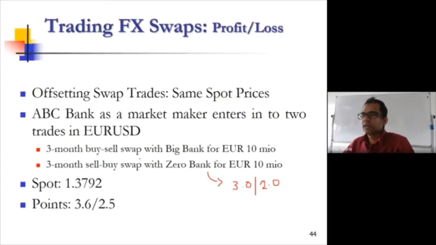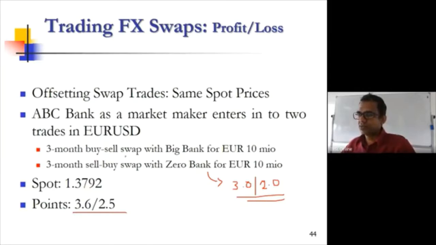Okay. Assume when the ABC Bank enters into the first transaction with Big Bank, these are the swap points. Spot remains unchanged, but when the ABC Bank enters into the sell-buy swap with the other bank, these are the applicable swap points. Now what would happen? Now we are not sure whether it's a profit or loss, but yes, we can think about it.